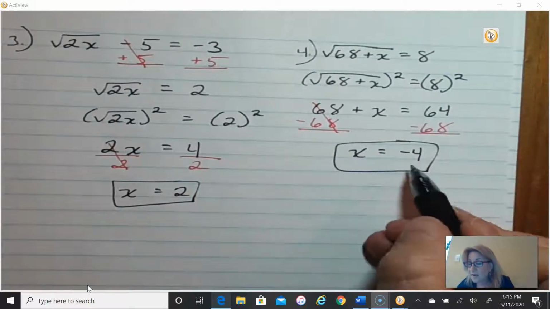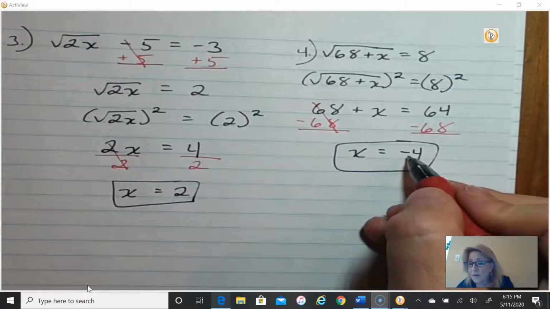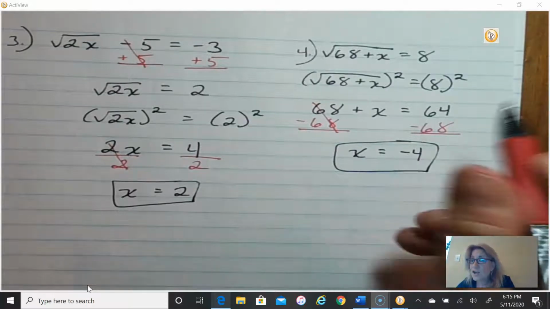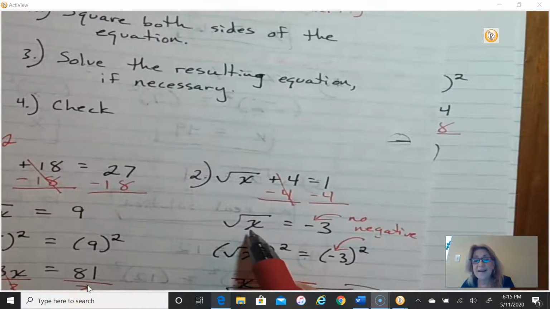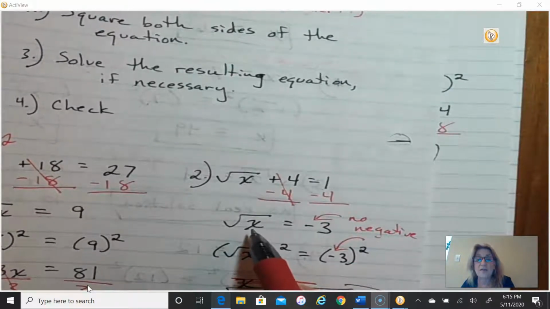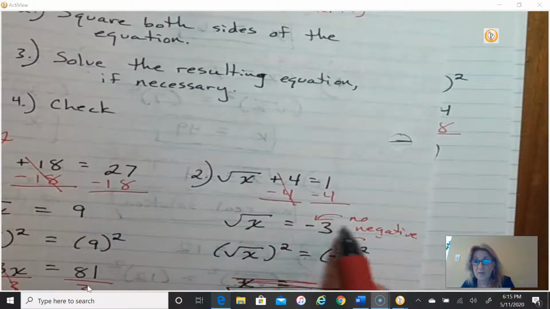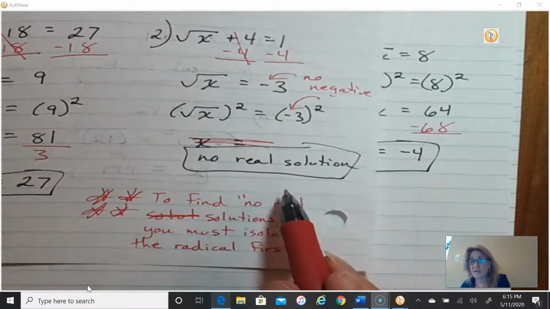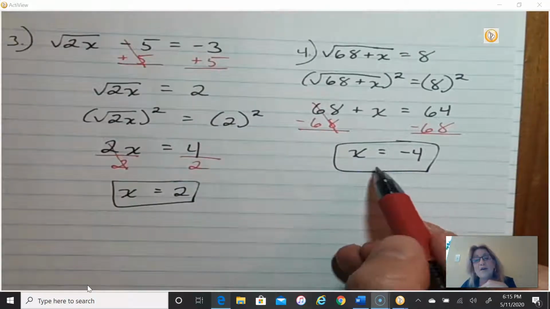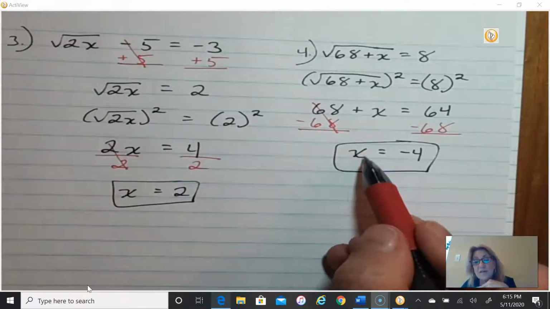This is okay. You can have a negative right here. Okay? You cannot have a negative here when the x over here is still under the radical sign. So this is a no, okay? The answer is no real solution. This is okay. There's no radical sign over here.